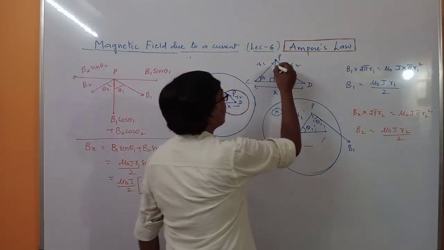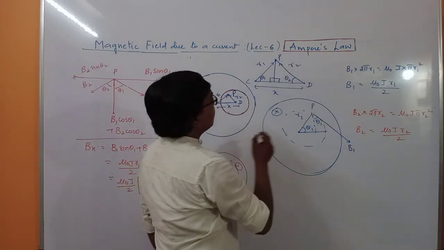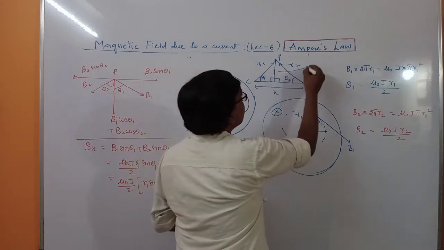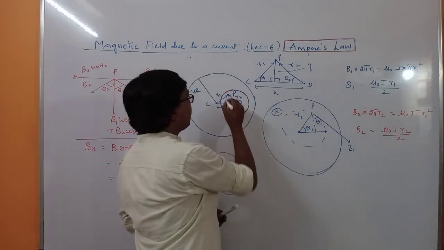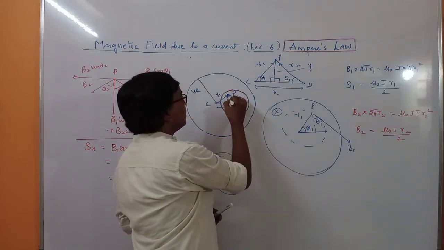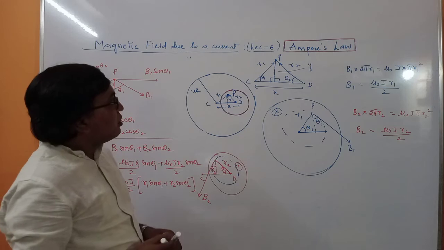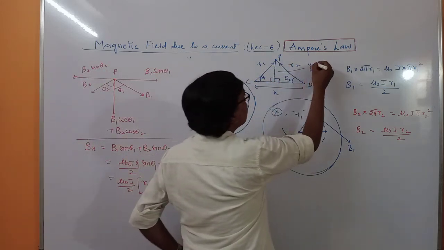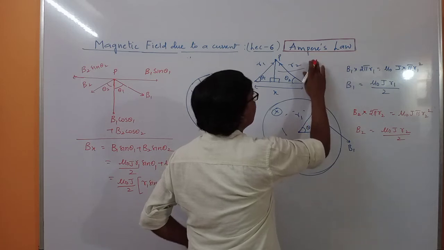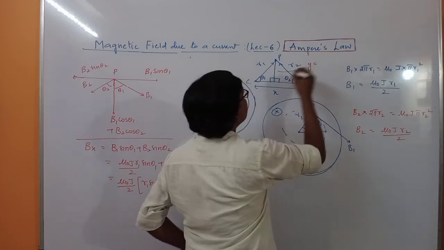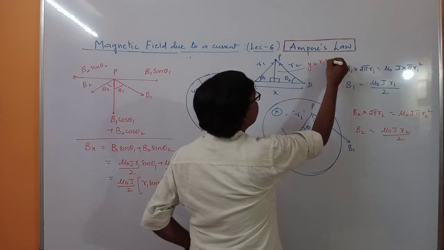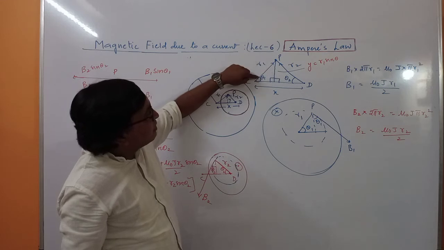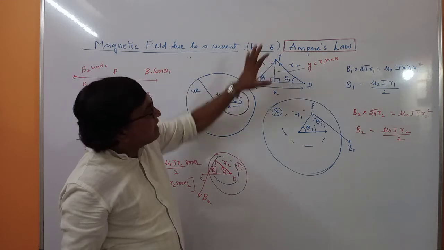See here, this y which we have considered, this height, this is y. So from this triangle, this right angle triangle with theta 1, y is R1 sine theta 1.